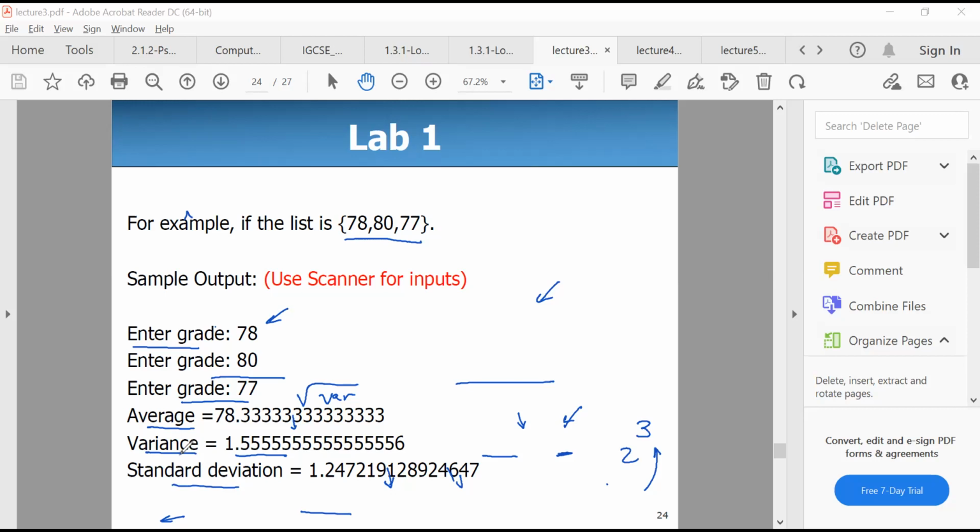Now you know that the variance is a single number: A1 minus AVE, the average, raised to the power of 2, and then you keep adding all those and you divide by the count. If the count here is 3, you divide by 3.